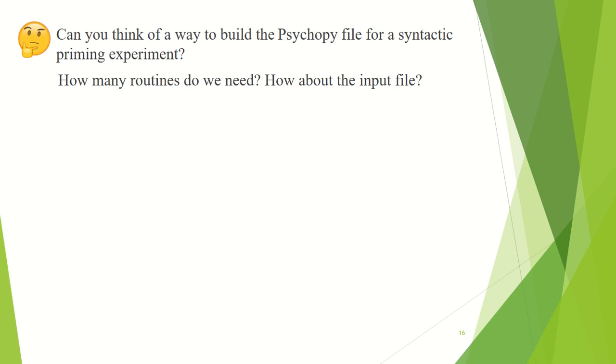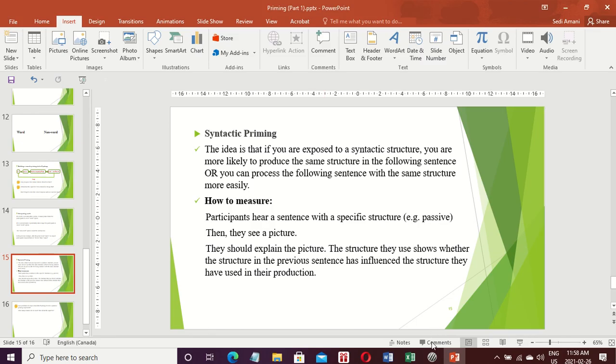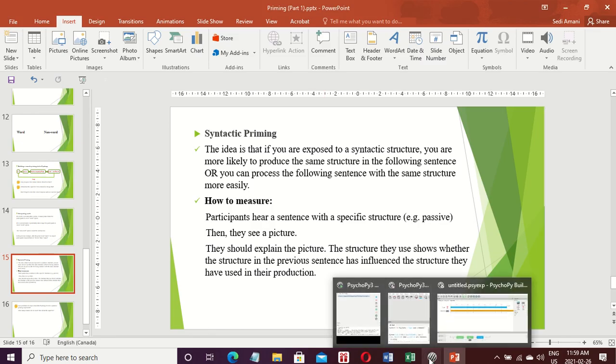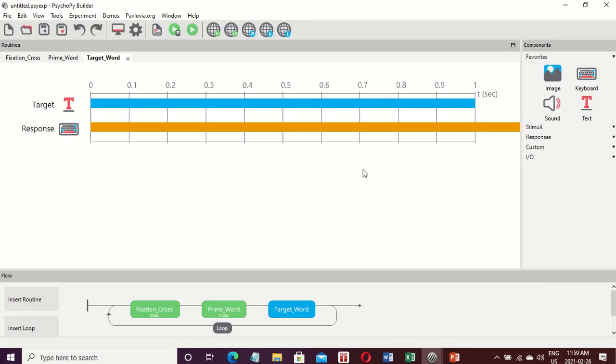But before that, you can pause the recording now and think about the PsychoPy file and also the input file. Okay, now let's see how we can make a PsychoPy file for a syntactic priming experiment.